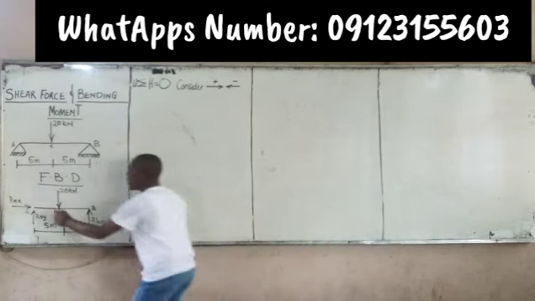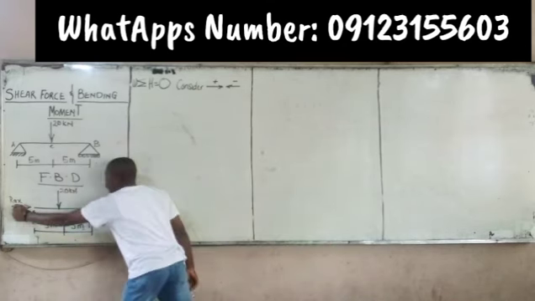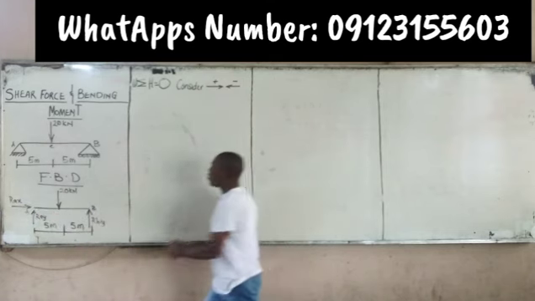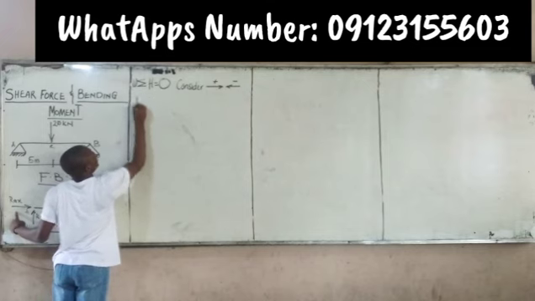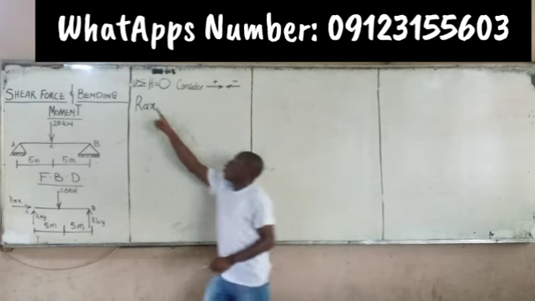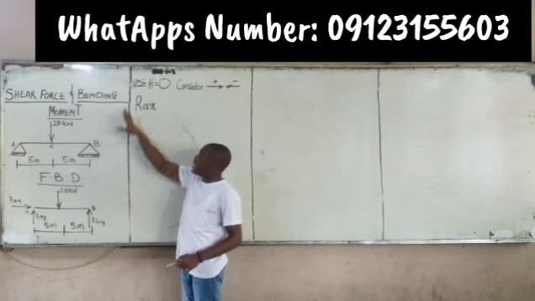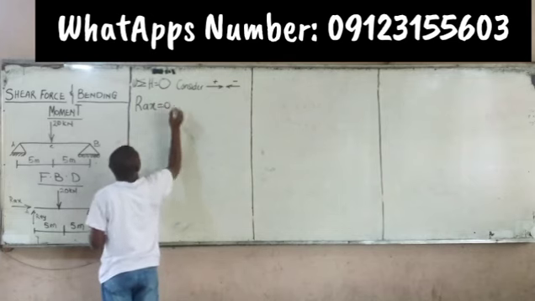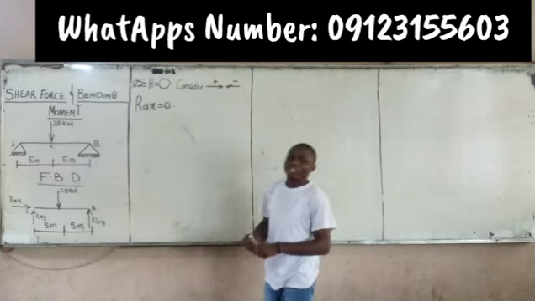RAX is facing this direction, and this direction is positive. So RAX is the only horizontal component I'm seeing here. That's all. Then equal to 0.